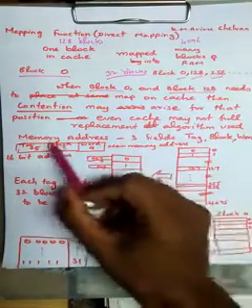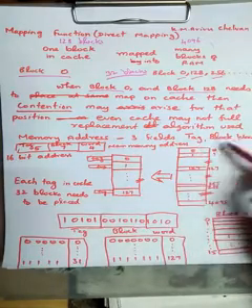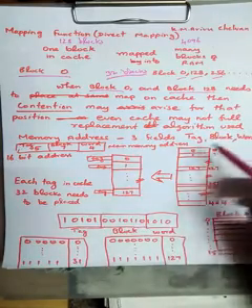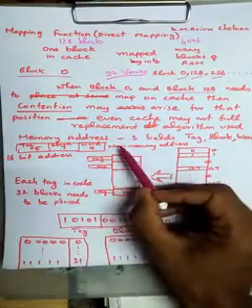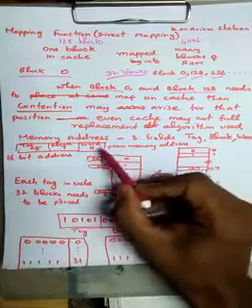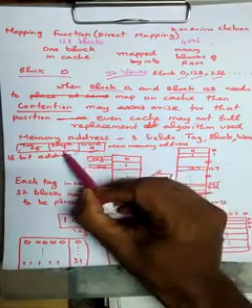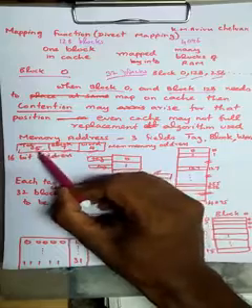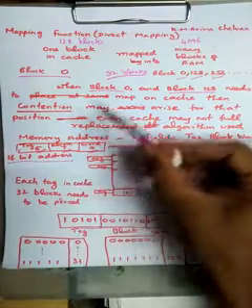The memory address contains three fields: tag, block, and word. Word contains 4 bits, block contains 7 bits, and tag contains 5 bits. Totally it is a 16-bit address.